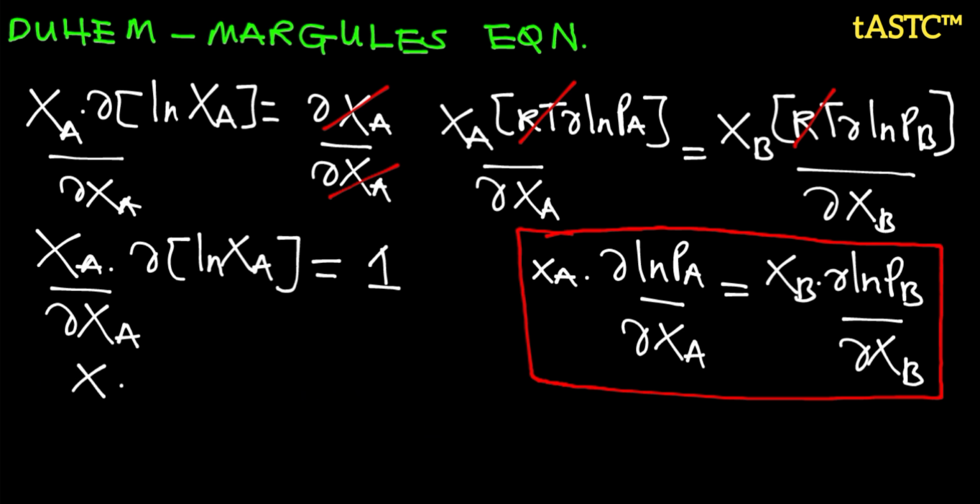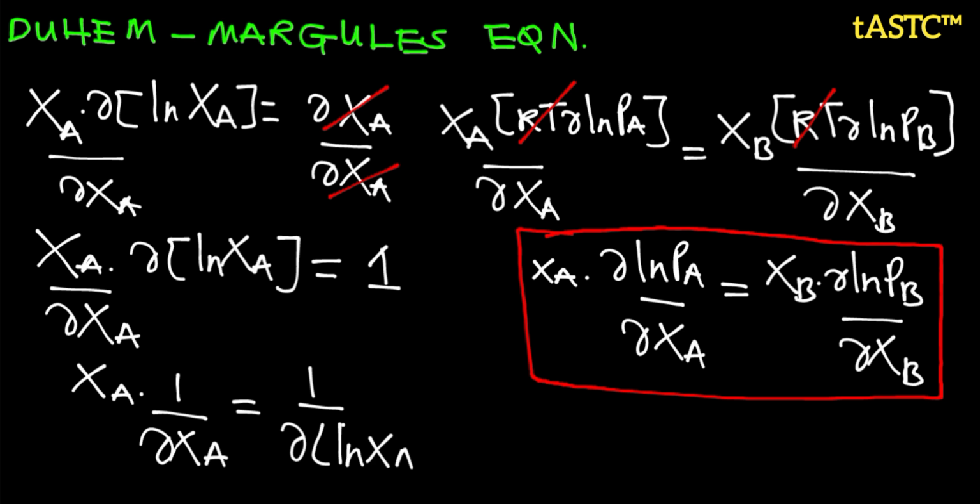So that is going to give us an x multiplied by 1 over dx sub a, and on the other side we're going to have 1 divided by d ln x sub a. Right? So we already have that form from the highlighted equation.